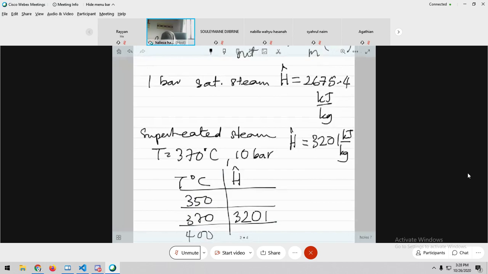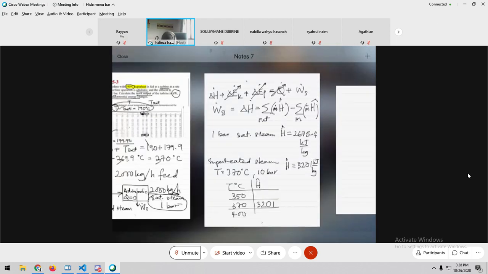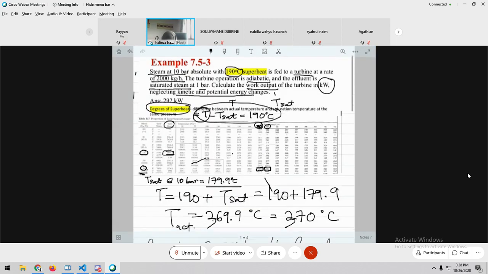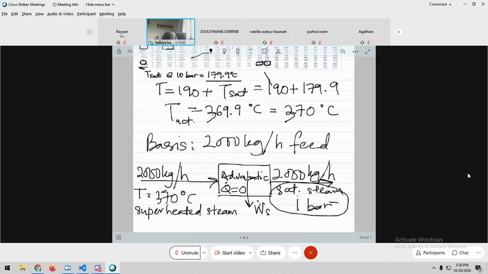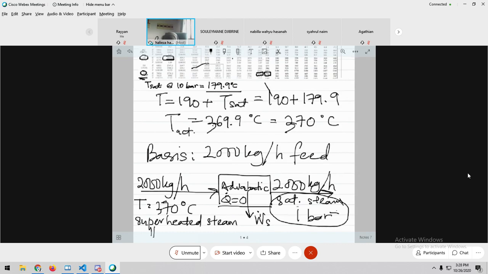So write that in your block diagram. Here is my enthalpy: specific enthalpy 3201, and I write the unit kilojoules per kilogram.